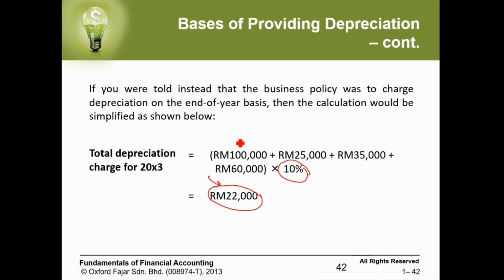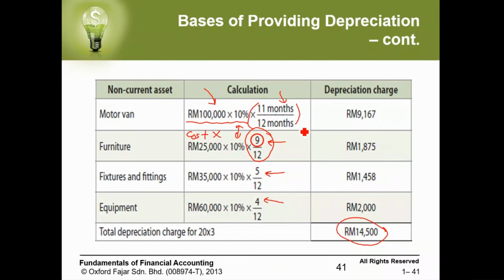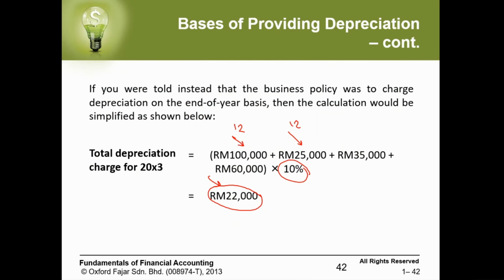The difference is because for the first asset we use 12 months here, but only 11 months there. For this one, we depreciate for 12 months also, but in the month-to-month basis we depreciate for 9 months only. So the amount is less. Again here also, and here also, the amount is less. So for that reason, the total amount is less.